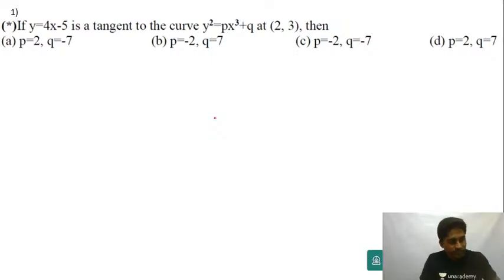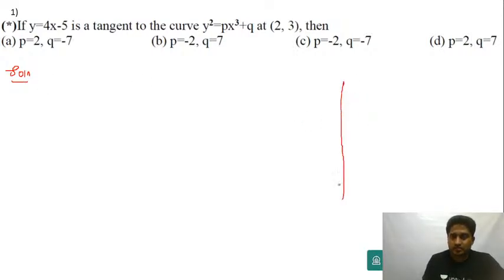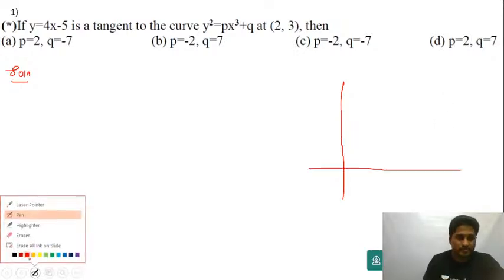Question number 1. If y is equal to 4x minus 5 is a tangent to the curve at 2, 3, then what should be the values of p and q? Let me do the question like this. Suppose I take this as x-axis and y-axis.